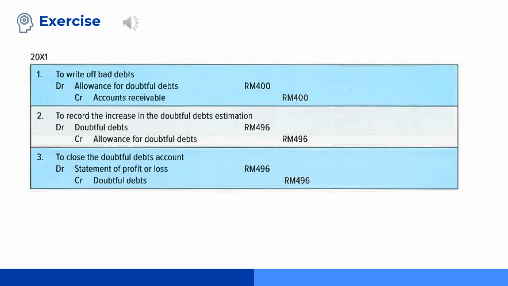And then we have to record the increase in doubtful debt estimation by 496 as calculated in the T account of allowance for doubtful debts. And then we have to transfer the doubtful debts amount to the debit side of the statement of profit or loss, meaning that it will be treated as other expenses.